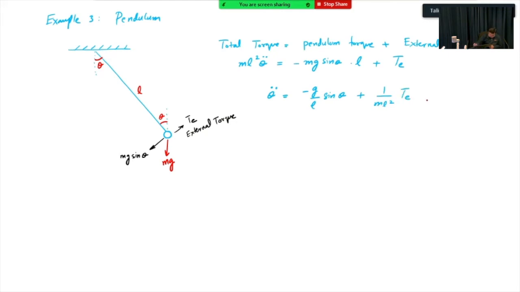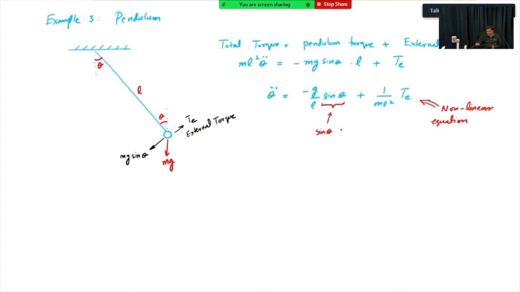Right, so now this is a nonlinear equation. And why is it nonlinear? It is not because of the theta double dot, it's because of this thing here.